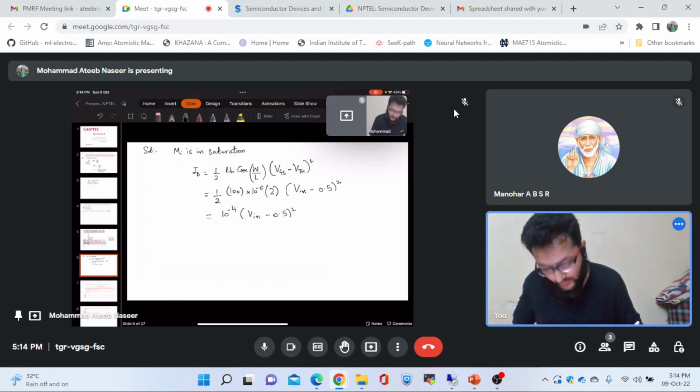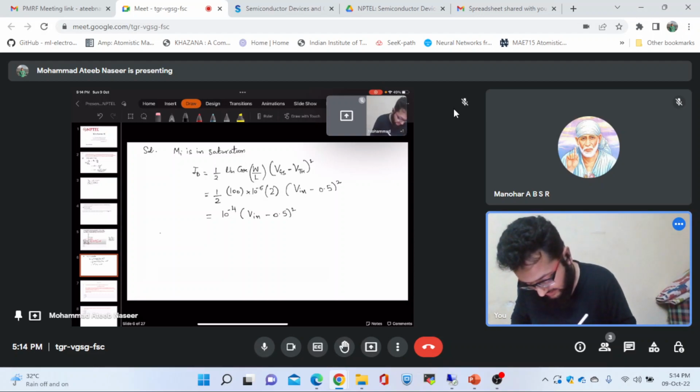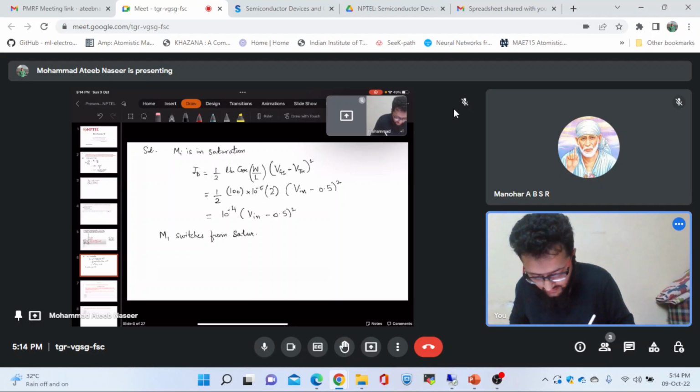Now we have been told that this M1 MOSFET switches from saturation to linear region.